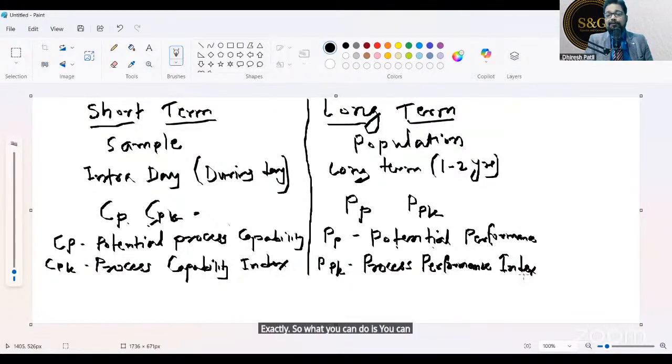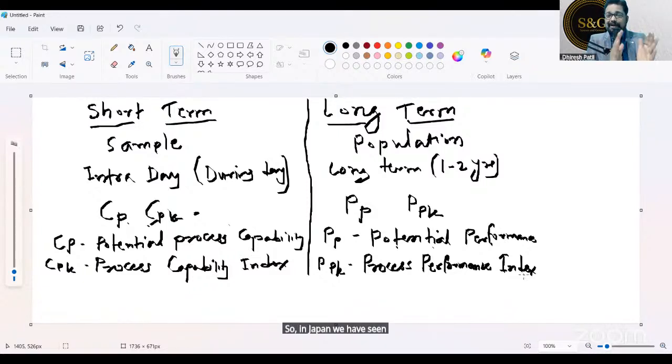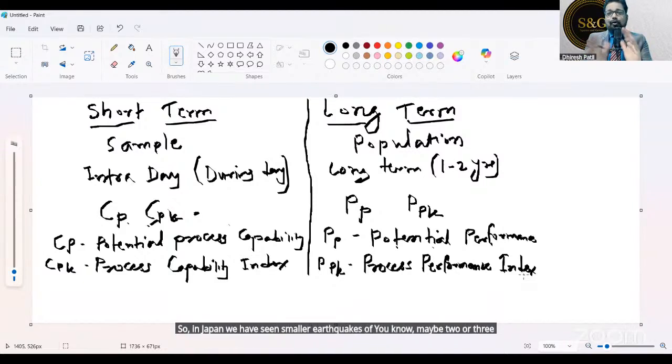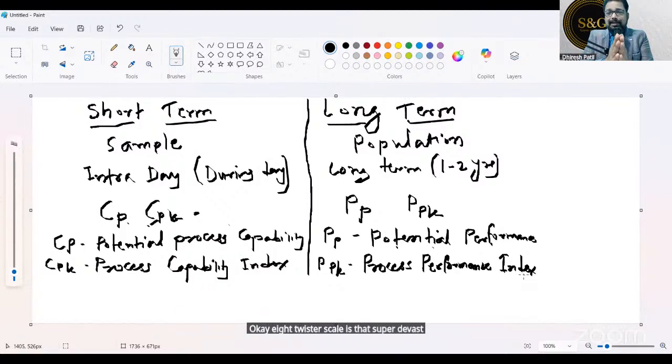Now, earthquake is a fantastic example. Let's take Japan into consideration, which is the highest earthquake-prone area in the world. In Japan, we have seen smaller earthquakes of maybe 2 or 3 Richter scale, which are very common, and there are mega earthquakes of more than 8 Richter scale. Anything beyond 6.5, 7 Richter scale is super devastating.